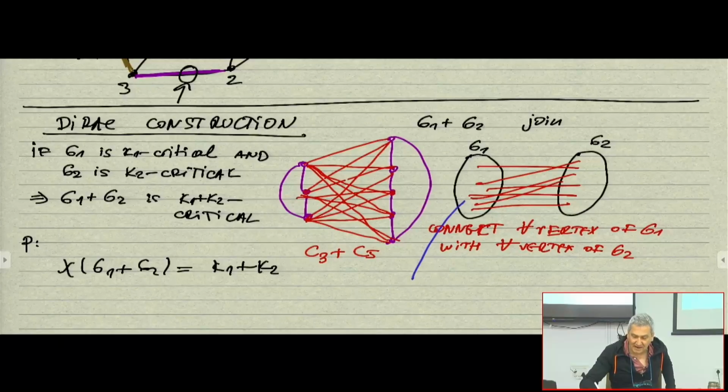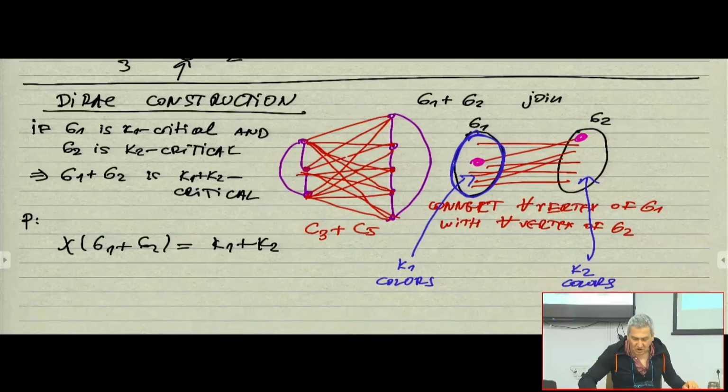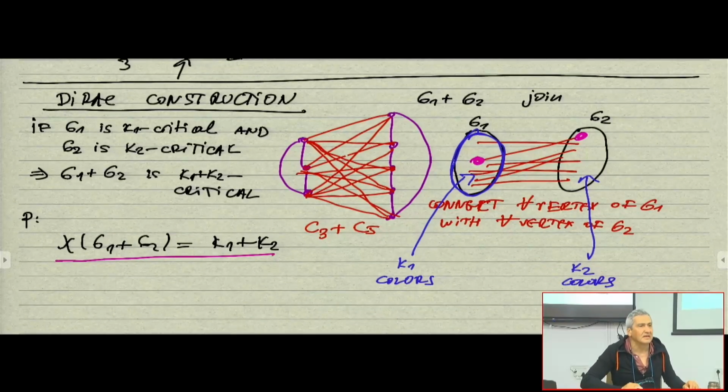For the G1 part, we have to use K1 colors, and for G2, we have to use K2 colors. Can we use the same color on the left side and on the right side? No, we cannot, because if I use this pinky color here and pinky color here, there is an edge between them, and then we have a monochromatic edge. So the chromatic number is K1 plus K2.